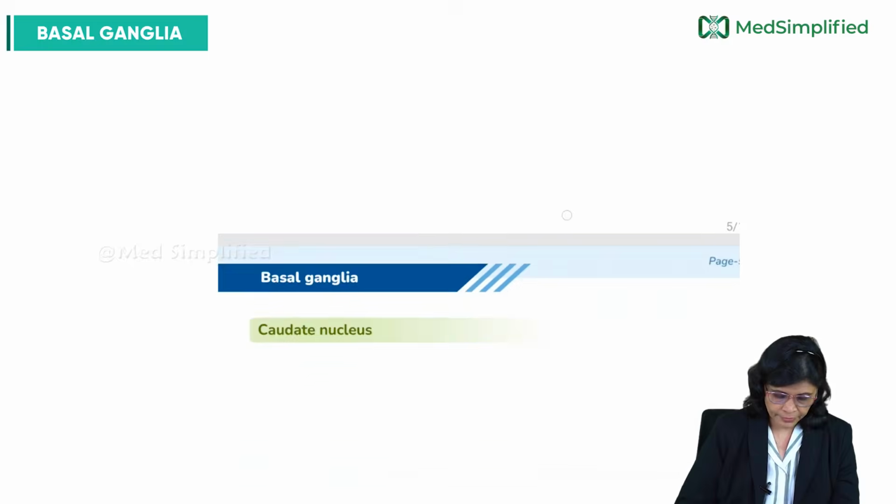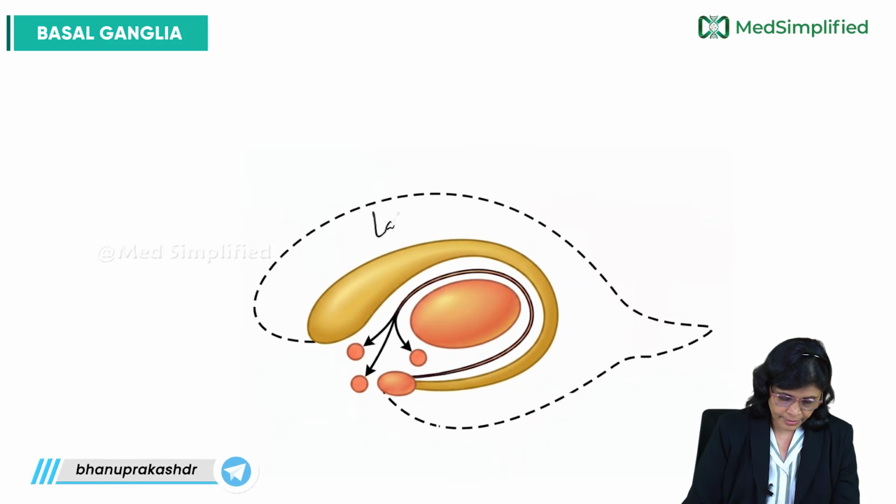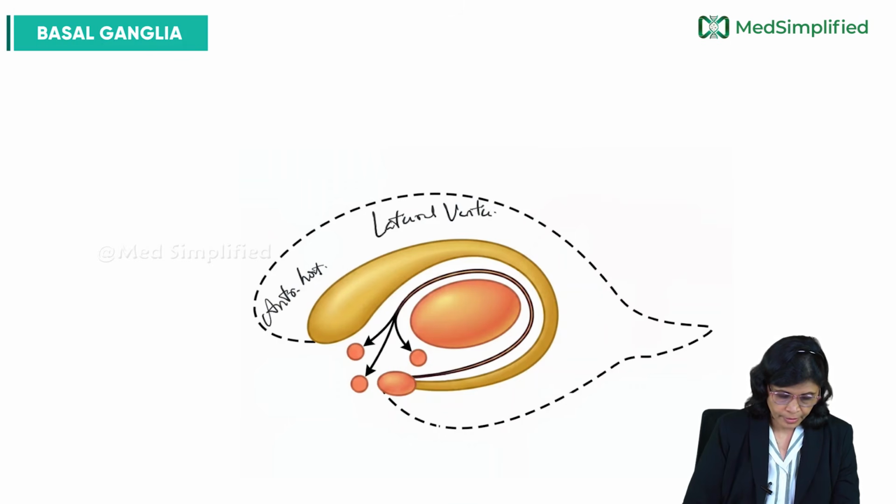Here we can see the lateral ventricle. The head is in relation to the anterior horn of it. The body is in relation to the cavity here, and then we have the tail, ending at the amygdaloid body.